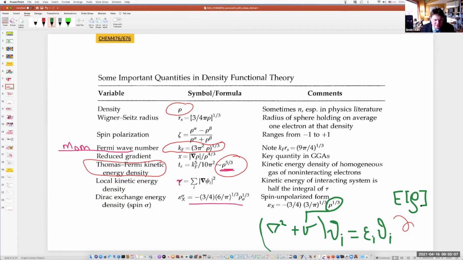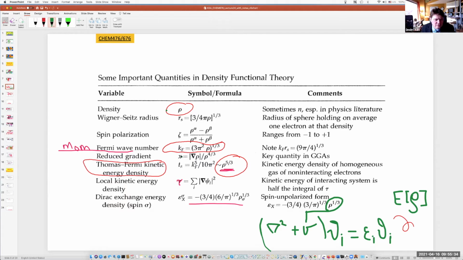If during your career you need to read papers related to explicit expressions for functionals, they may use some standard notations in their community, like density, Fermi energy or Fermi wave number, which is related to Fermi energy.